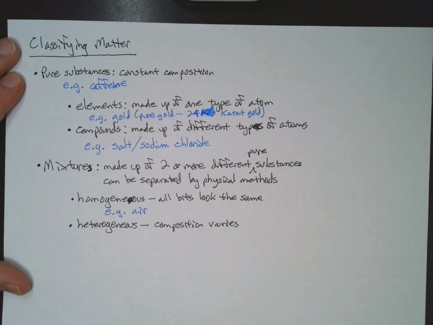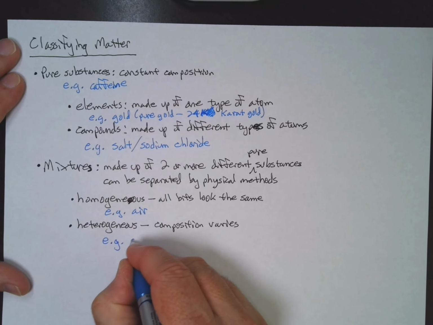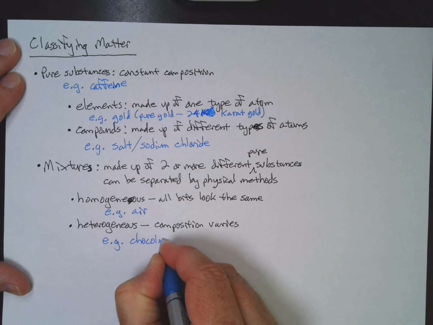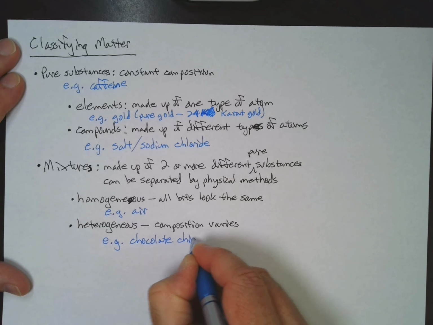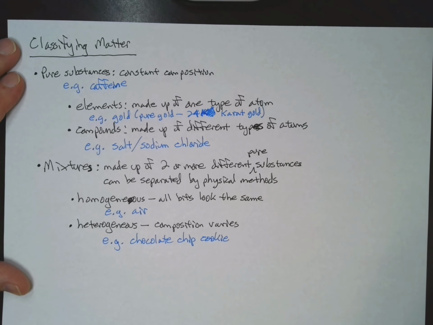All the bits of air in this room look the same. We've got oxygen and nitrogen and a little bit of argon and carbon dioxide and water vapor. And a tasty example of a heterogeneous mixture is a chocolate chip cookie. You can pretty clearly see that some bits are more cookie and some bits are more chocolate chip.